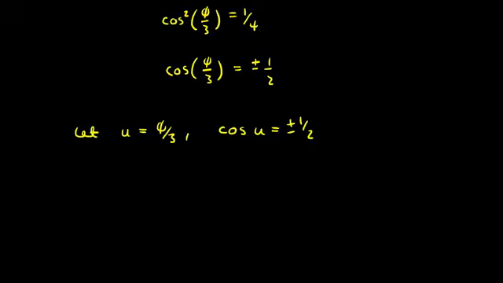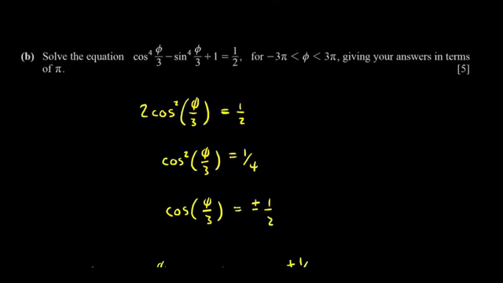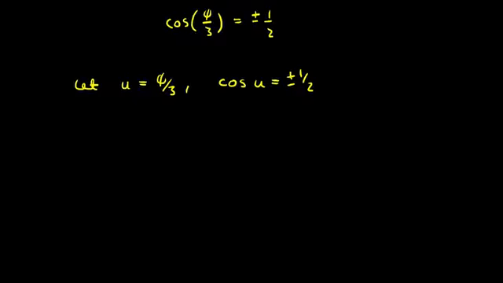And previously, we had boundaries between minus 3 pi and plus 3 pi. Well, if u is equal to phi divided by 3, we could say that phi is equal to 3u, right?